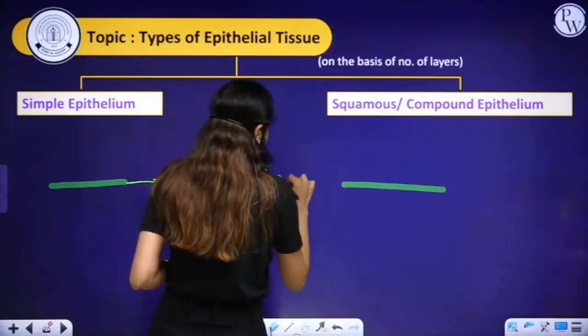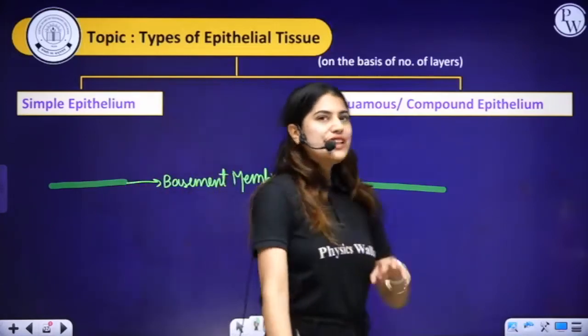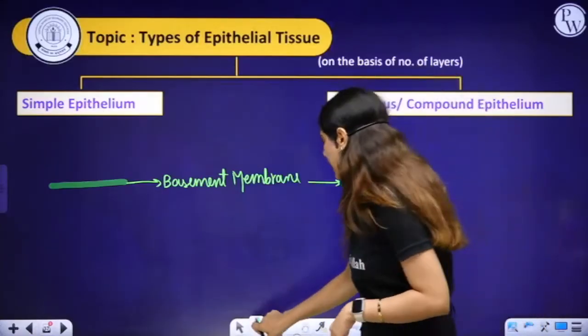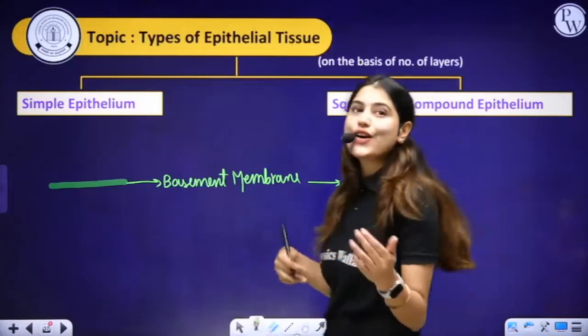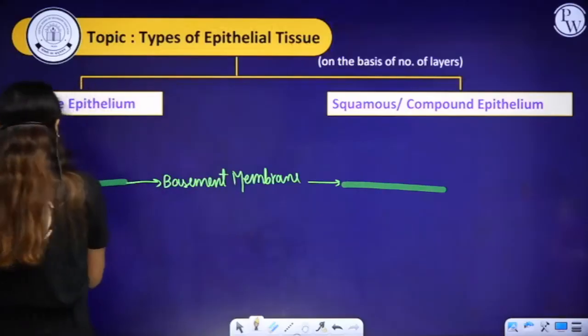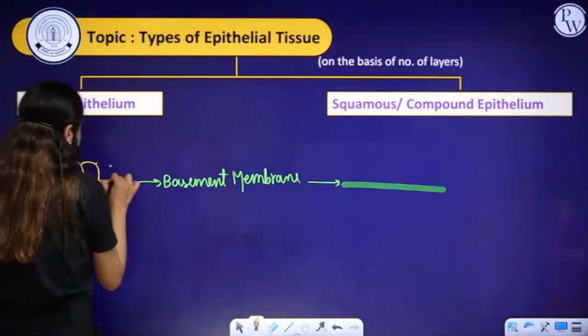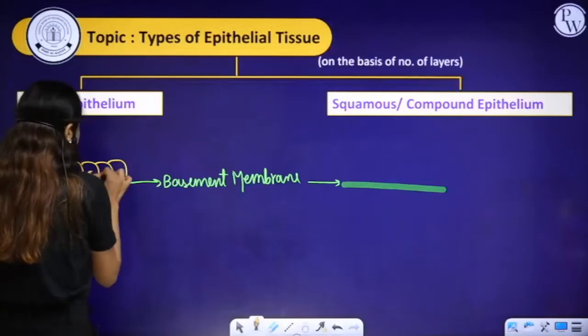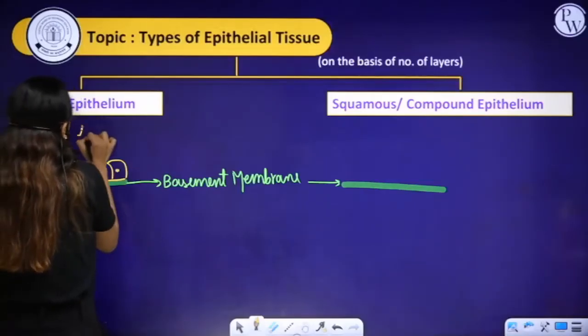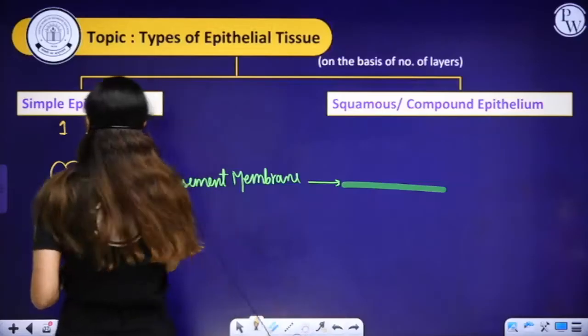So if you're going to find only a single layer of cells over the basement membrane, we can call such a type of epithelium simple epithelium. That is, it will have only a single layer of cells.